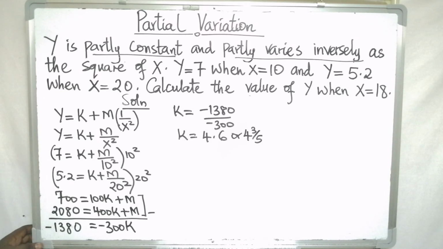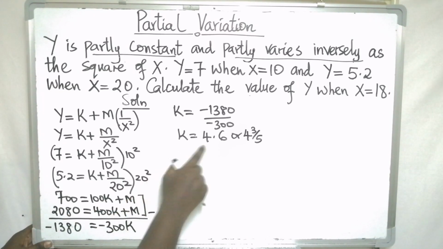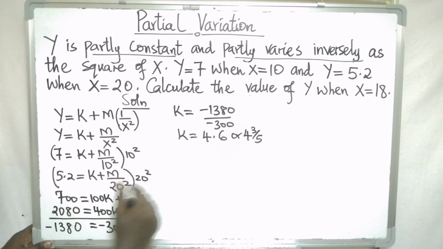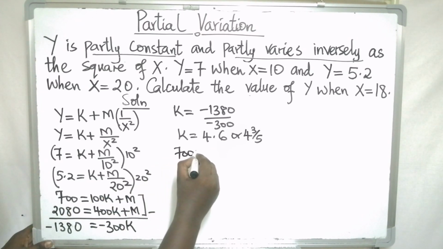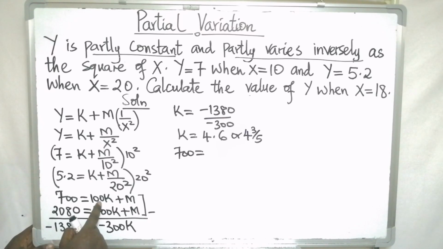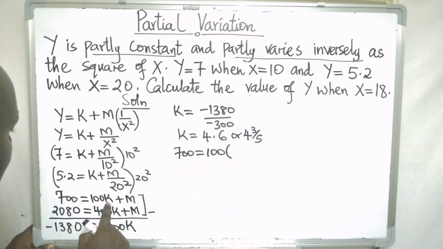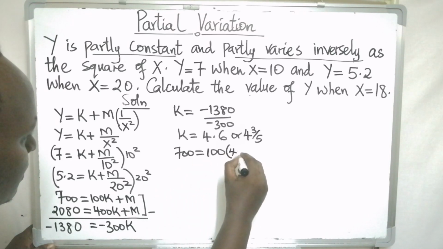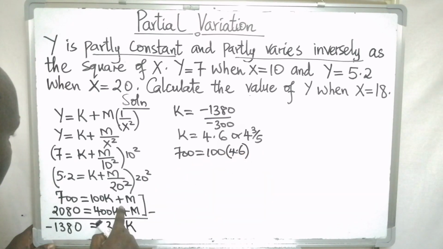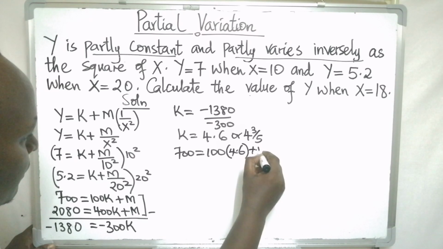To get the value of m, use one of the equations and substitute the value of k. For example, 700 will be equal to 100k, so k is 4.6, plus m.